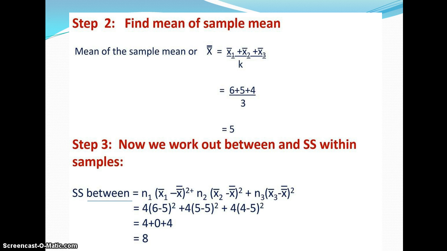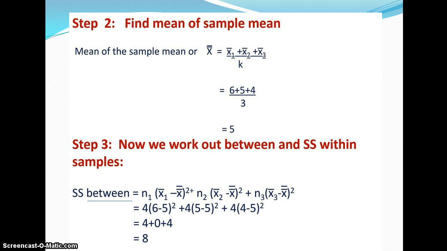So the mean of the sample means is equal to 5.